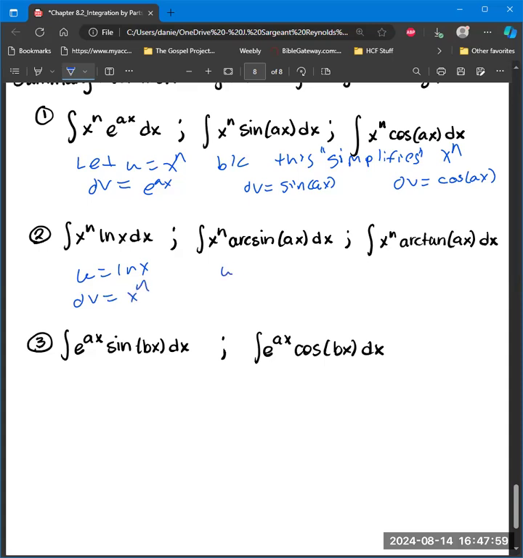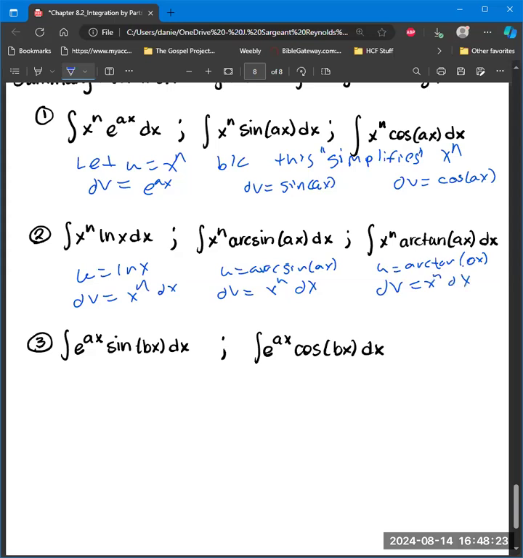In this case, u has to be arcsine of ax, and dv has to be x to the n dx. In this case, u has to be arctangent of ax, and dv has to be x to the n dx.